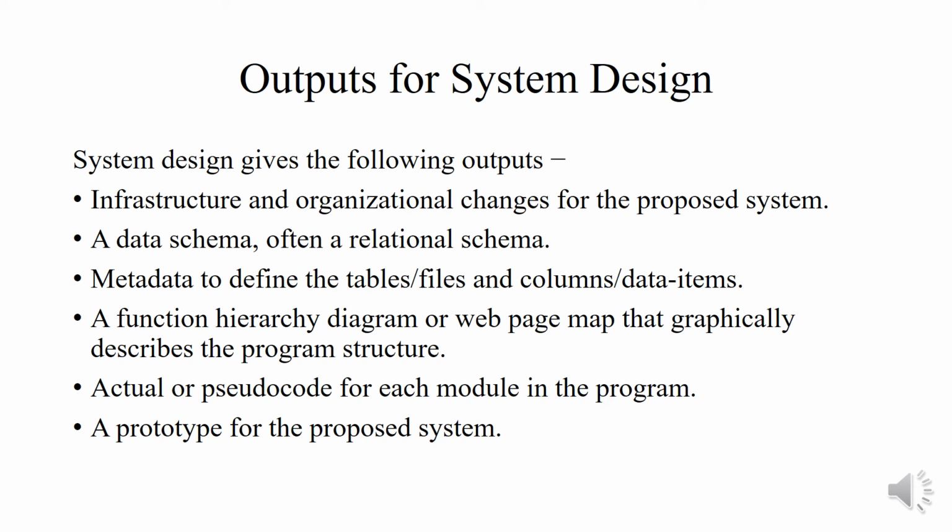The output of system design gives the following: infrastructure and organizational changes for the proposed system, a data schema, often a relational schema, metadata to define the tables, files and columns data items, a function hierarchy diagram or web page map that graphically describes the program structure, actual or pseudocode for each module in the program, and a prototype for the proposed system. So these are the outputs of system design.